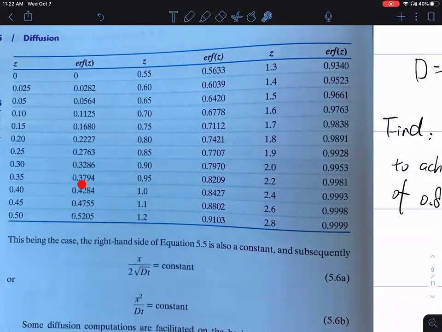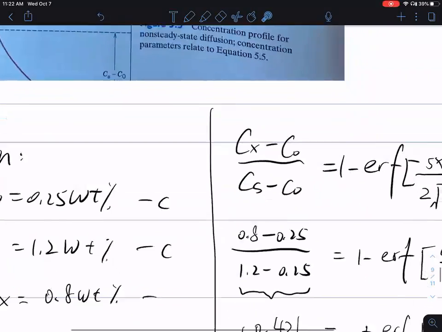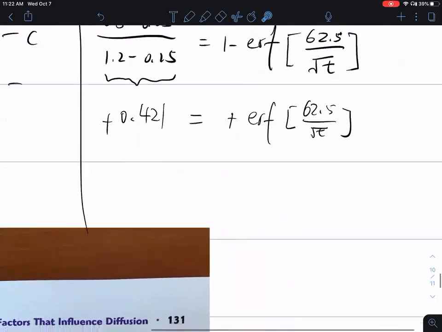Right now, we can do an estimation. If you want to do a rough estimation, we look at the corresponding z value. We know our z value should be in between 0.35 and 0.4. So what does that tell us? It tells us that what is inside of this error function, 62.5 divided by square root t, is in between 0.35 and 0.4.